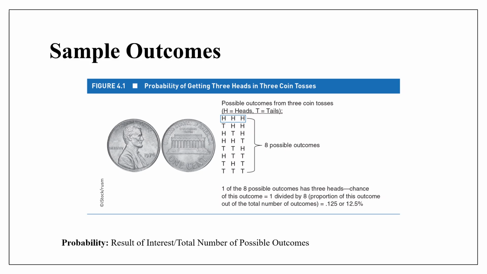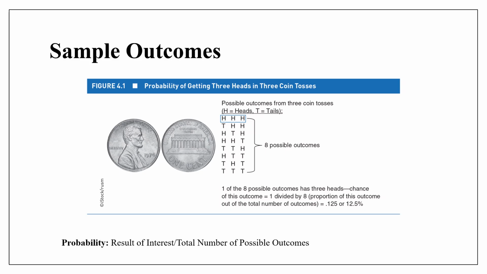But if we also wanted to say what is the probability of a specific sequence of events happening, we could also do that. So here, for instance, we are trying to find the probability of getting 3 heads in 3 coin tosses. So you toss the coin once, it lands on heads.